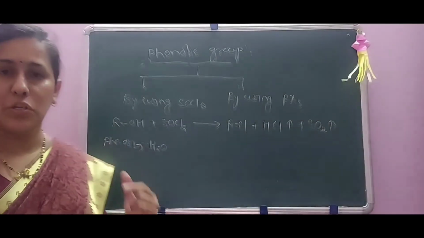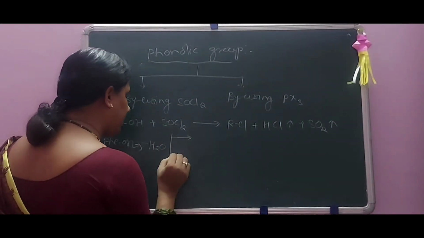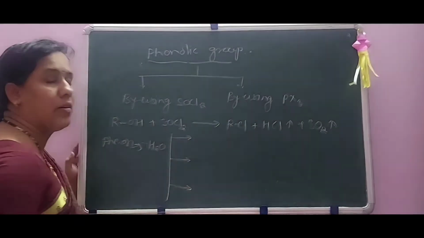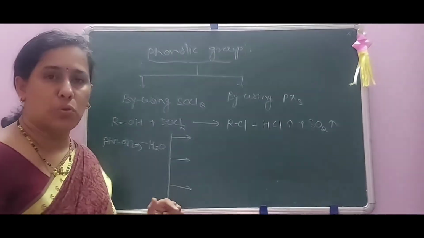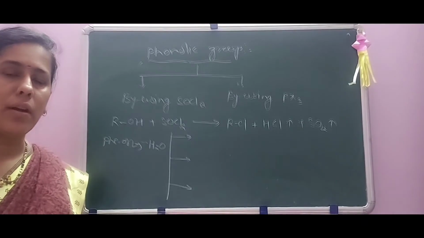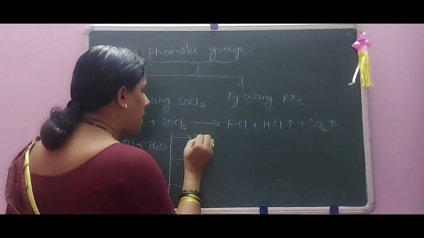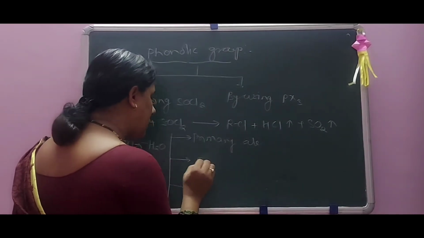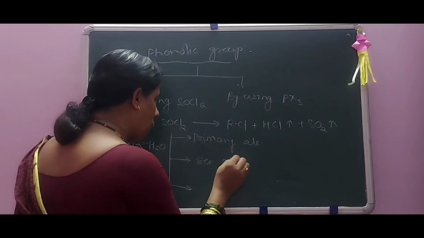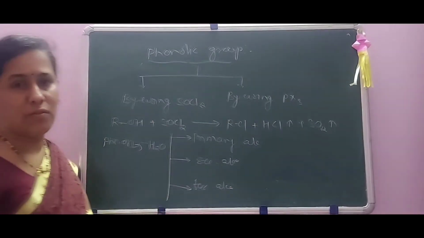Now whatever the OH group present, whether alcoholic OH group or free OH group, it is either a primary alcohol, secondary alcohol, or a tertiary alcohol, which can be tested as follows.